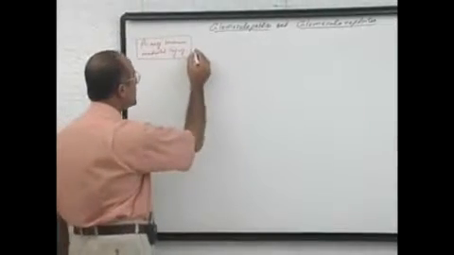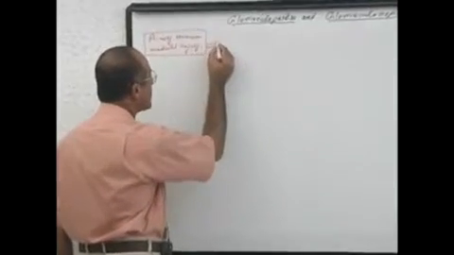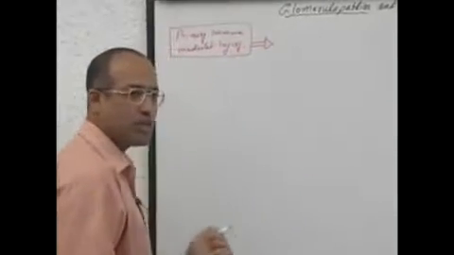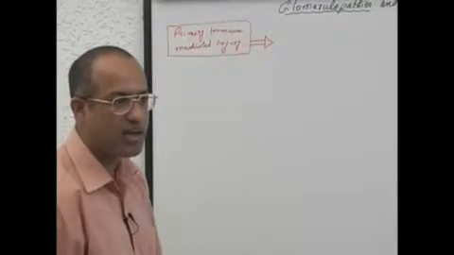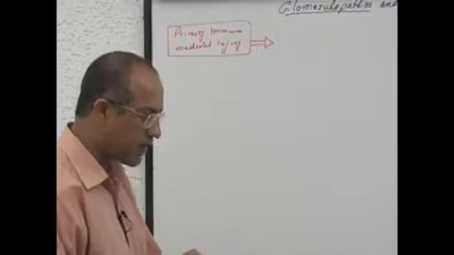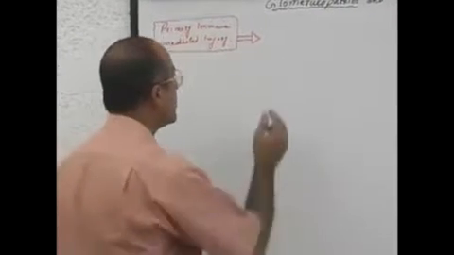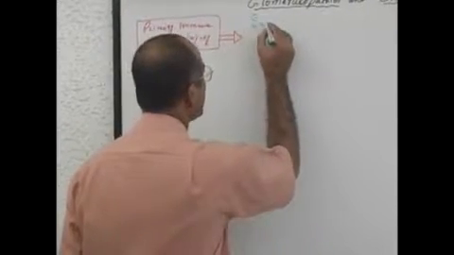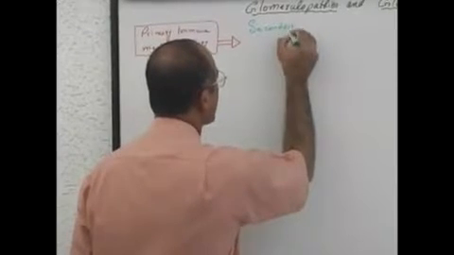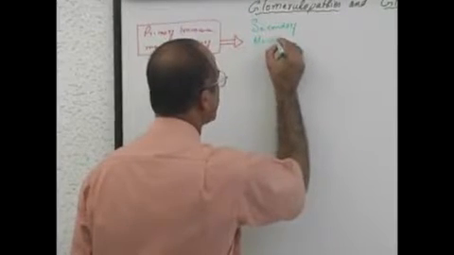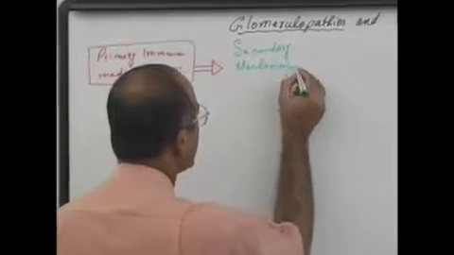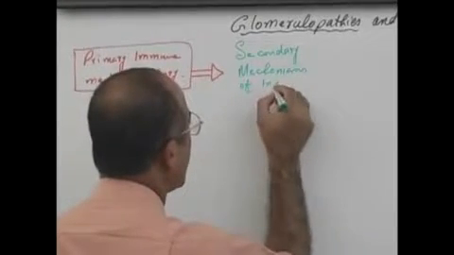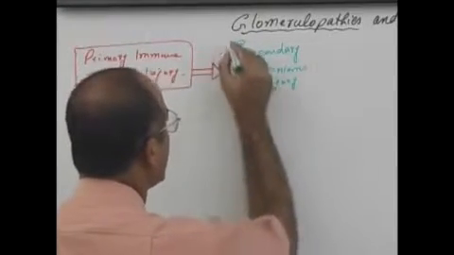Then we have to see that these immunological mechanisms which are attacking the glomeruli will activate secondary mechanisms of injury to glomeruli.